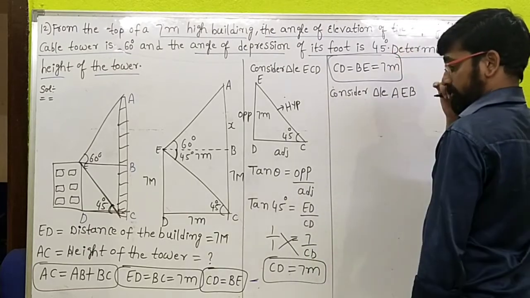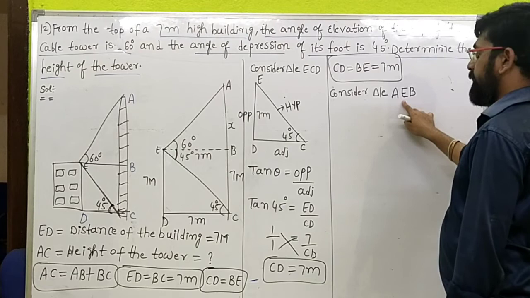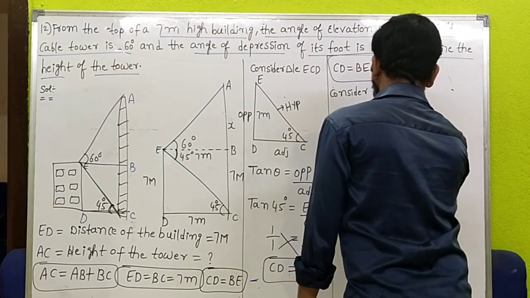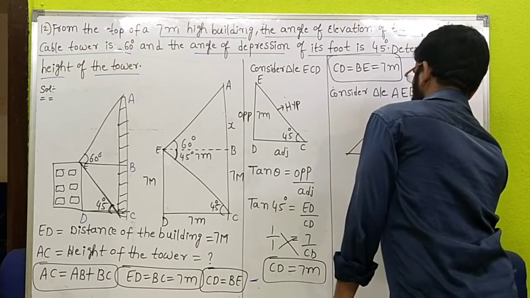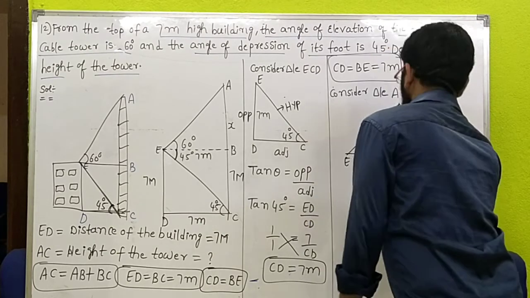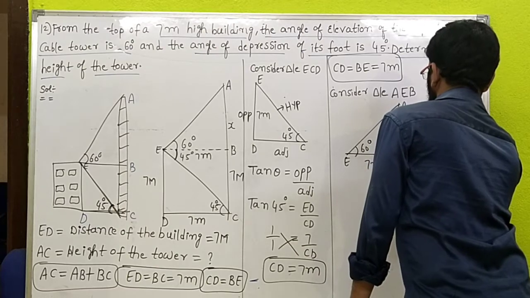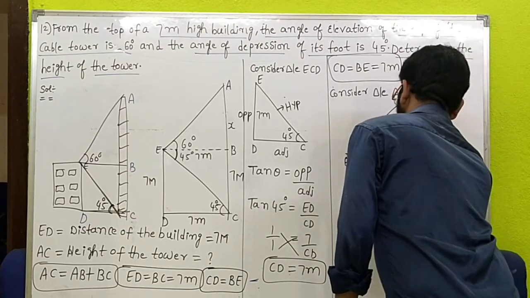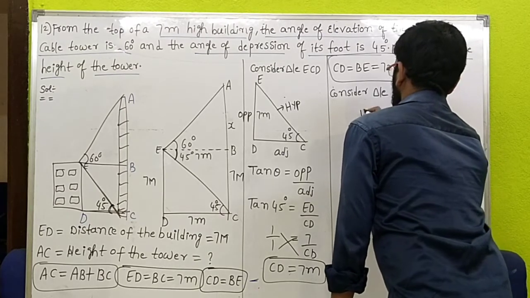The angle is placed in the middle, so take theta as 60 degrees. This is 7 meters and we want this, X meters. With respect to theta at E, this is the adjacent side, this is the opposite side and this is the hypotenuse.